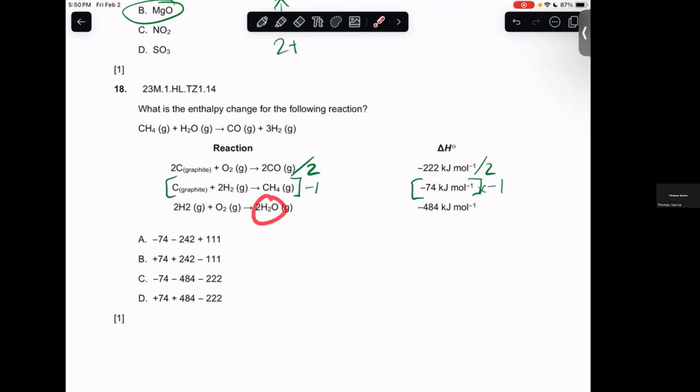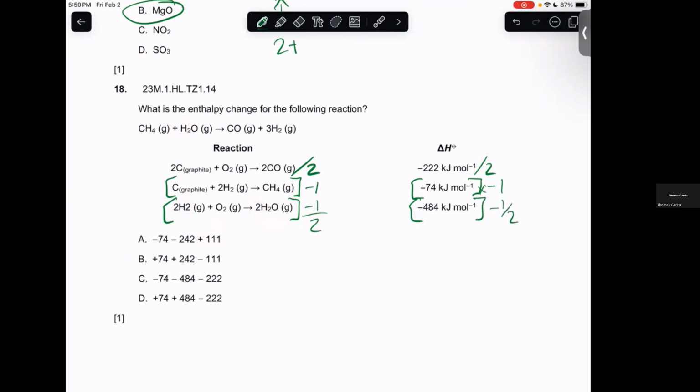All right, lastly, we have 2H2 plus O2 reacts to form 2H2O. Once again, I notice H2O should be on the reactant side, and hydrogen should be on the product side. Also, I have 2H2O here, but only one H2O there. So I have to kind of combine what I did before. So now I'm going to multiply by a -1, but also divide by 2.